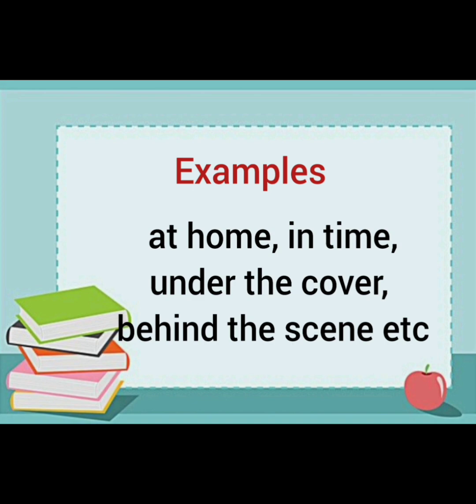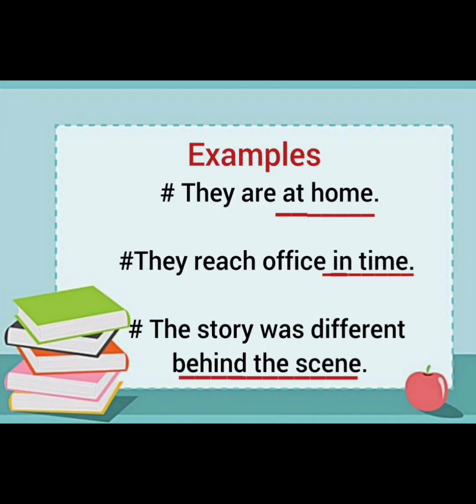For example, they are at home. They reach office in time. The story was different behind the scene. In all these examples, in time, at home, and behind the scene are considered as phrase prepositions. Why? Because these prepositions are used at the start of the phrases.